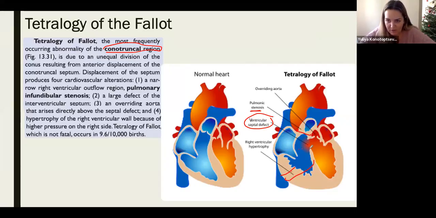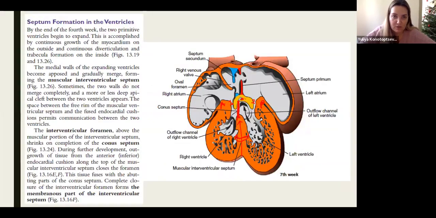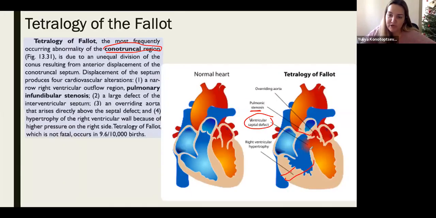But the top part of the septum, the membranous part, was formed when the endocardial cushion came down and fused with it, right? So that's how we form this membranous part. You can clearly see that it is not present here. So the membranous part is absent. Because it is absent, now the blood from the right ventricle can easily go to the left ventricle.